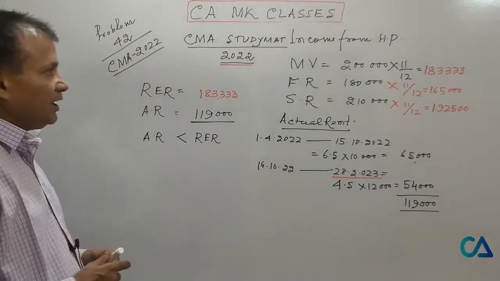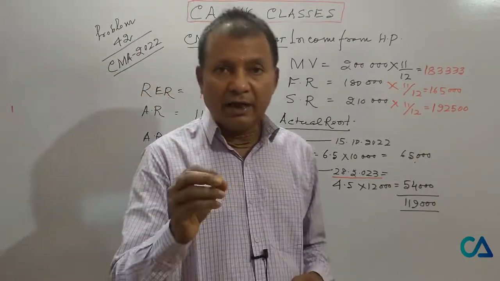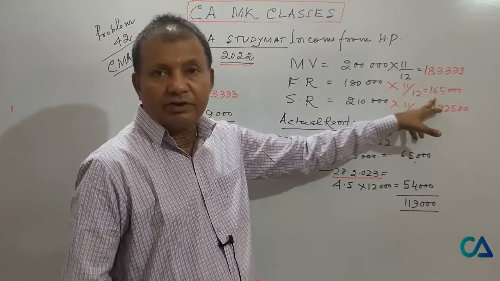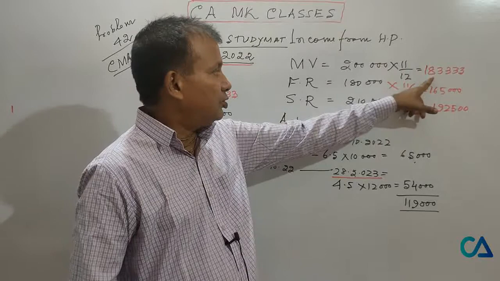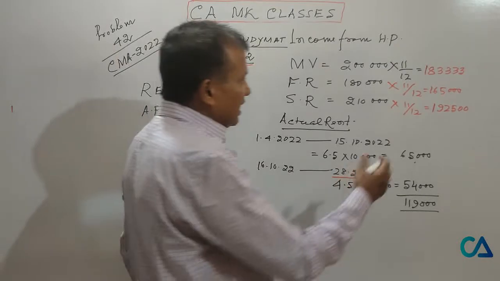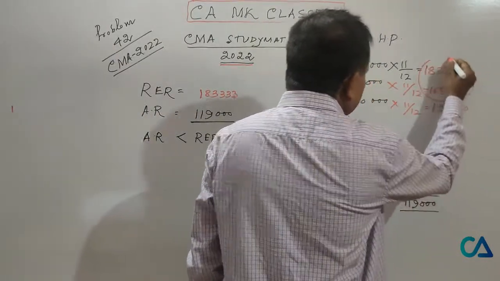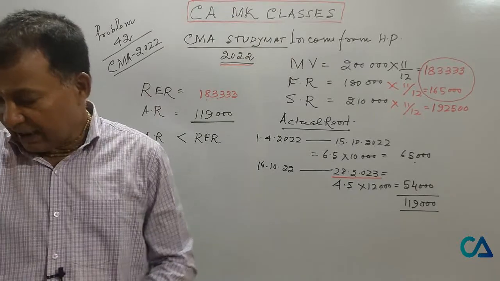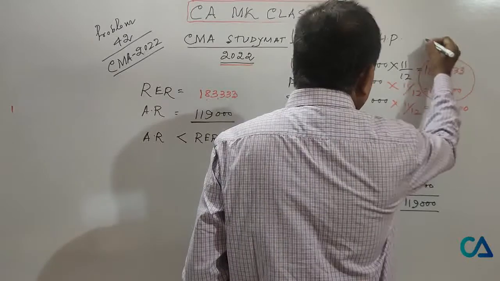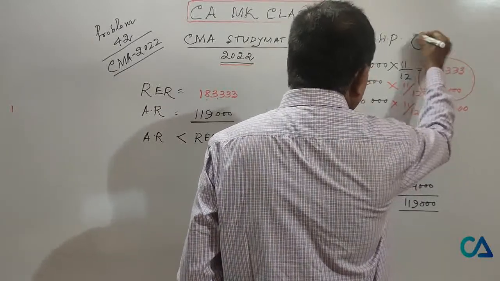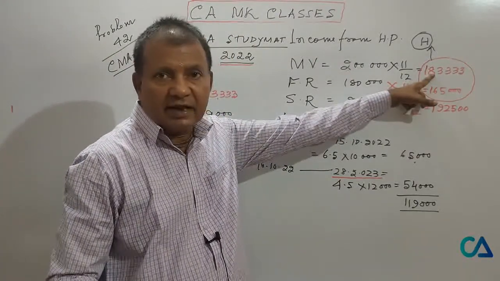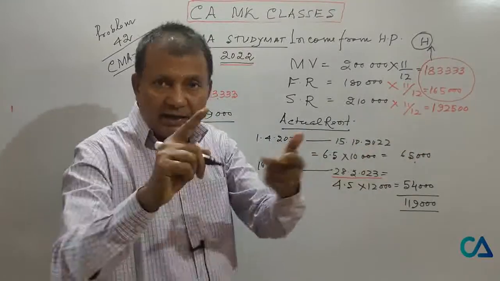Now we have to find out the gross annual value. Friends, municipal value or fair rent, whichever is higher. So municipal value is the higher one here, 1,83,333, which will be taken to the next step.